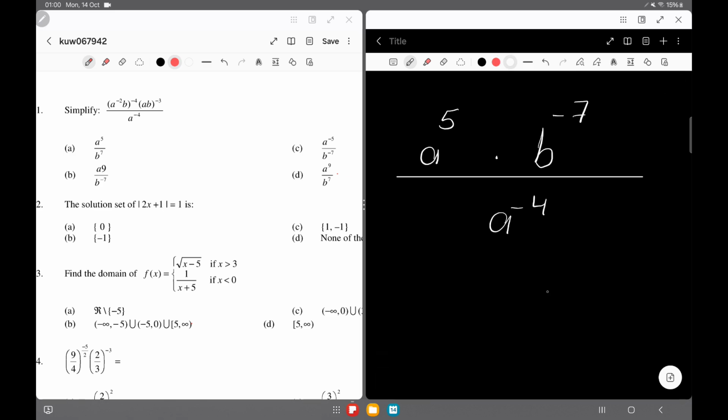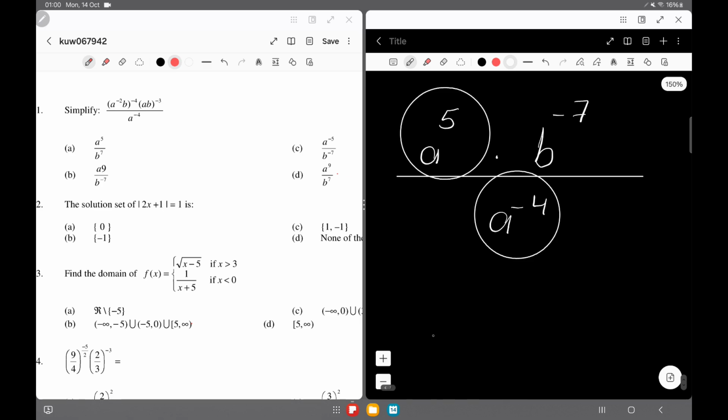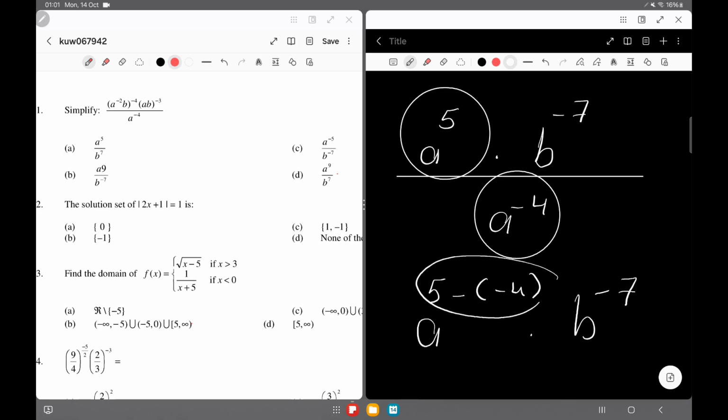We will write this one as usual, a to the power of 5, a to the power of negative 4. What are you going to do with this one? We will write a to the power of 5 minus 4 times b to the power of negative 7. Why we write this one?